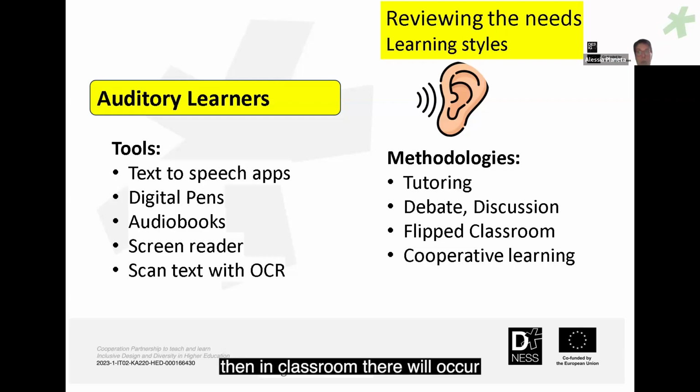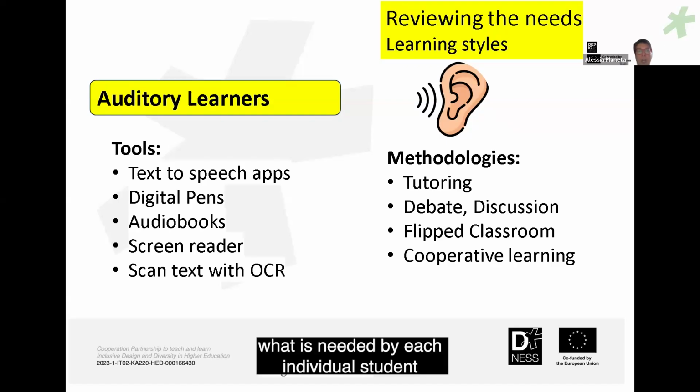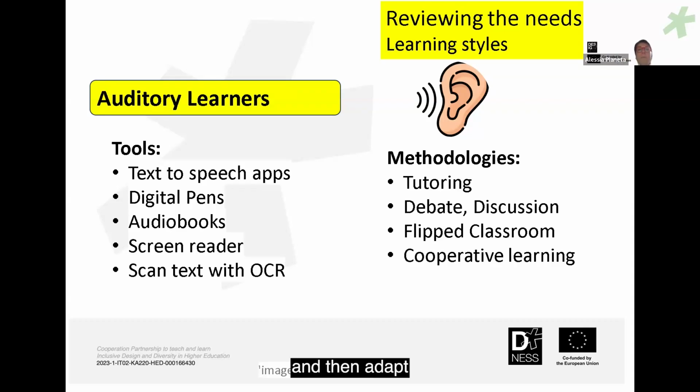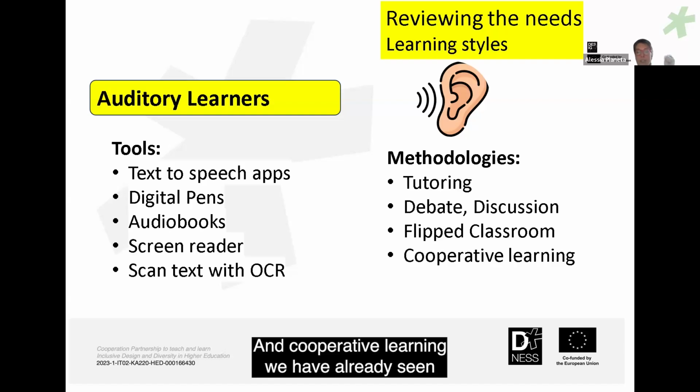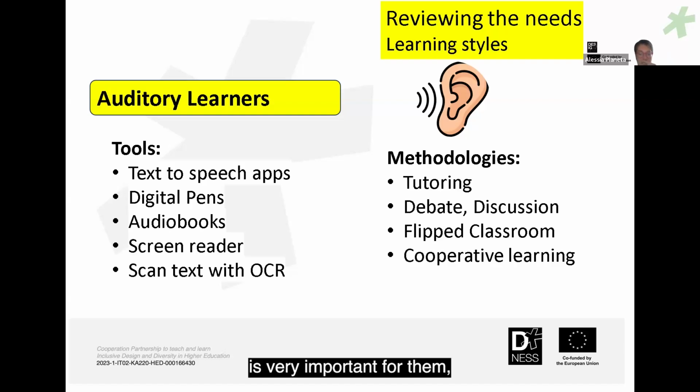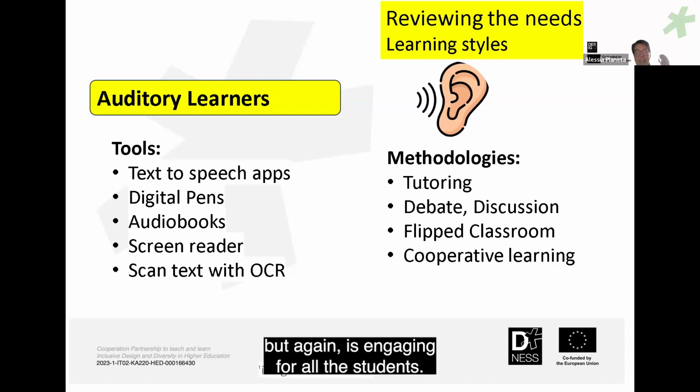Then in the classroom, there will occur practical exercise and or discussion, so the teacher can review and deepen what is needed by individual students and then adapt the lessons accordingly. And cooperative learning, we have already seen, is very important for them. But again, it is engaging for all the students.